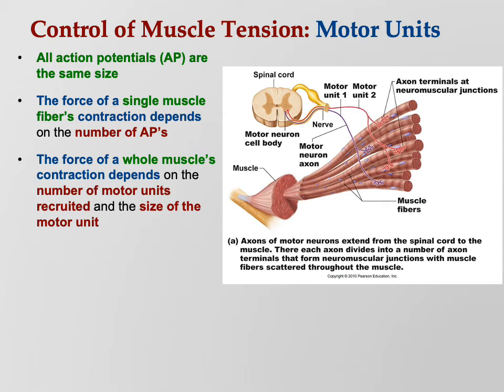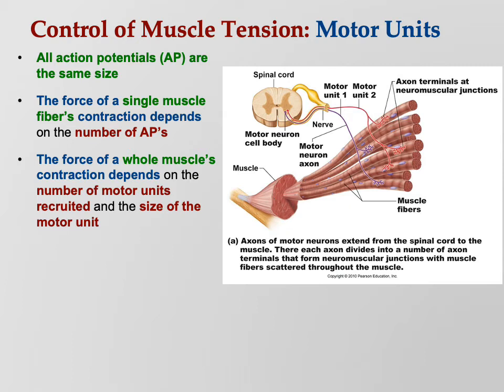The number of motor units recruited and the size of the motor unit. So motor units we haven't talked about before. Let's talk about motor units right now. So look in the diagram on the right. Notice how you see motor unit 1, motor unit 2. Look at motor unit 1, we have a single neuron, a motor neuron, and it goes to two muscle fibers.